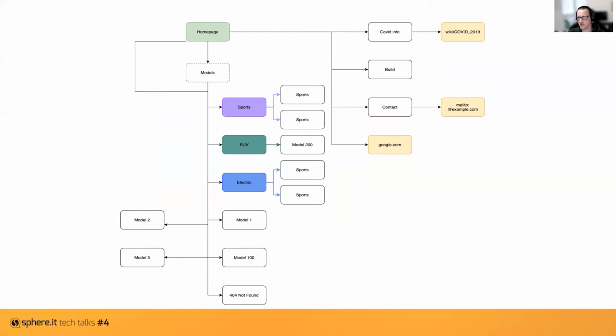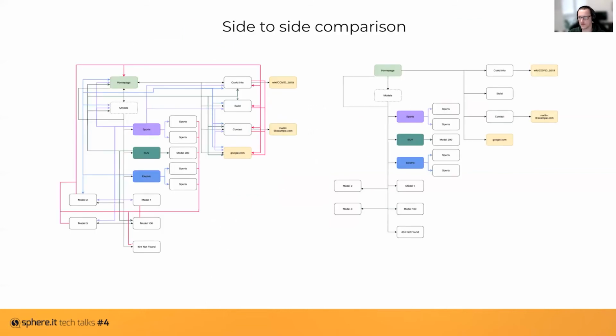It has only one-way connections, one direction on the connections, and it has no outcoming connections to the root and to the many items. So the side-to-side comparison looks like that.